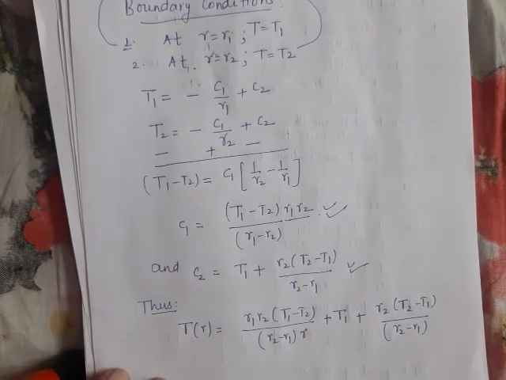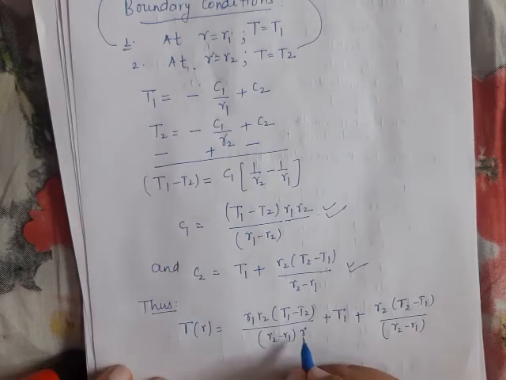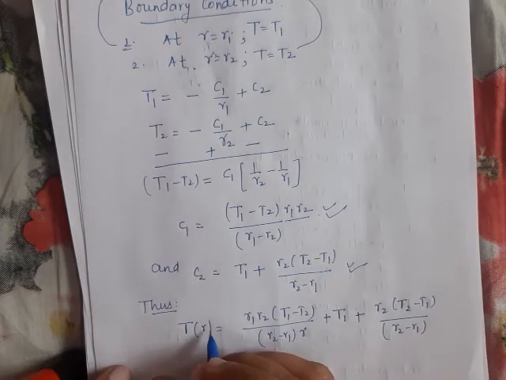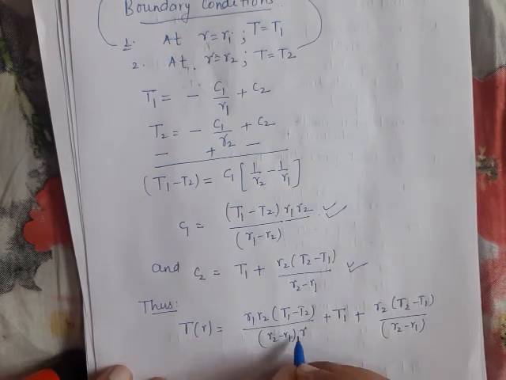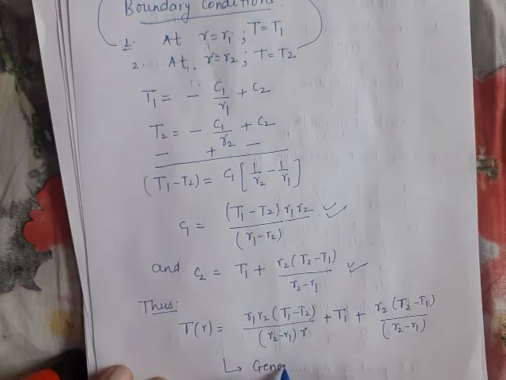This is the equation for the distribution of temperature, that is, at any radius r you can obtain the temperature. Put the value of the radius, and you will have the temperature at that location. So this is the general temperature distribution equation.